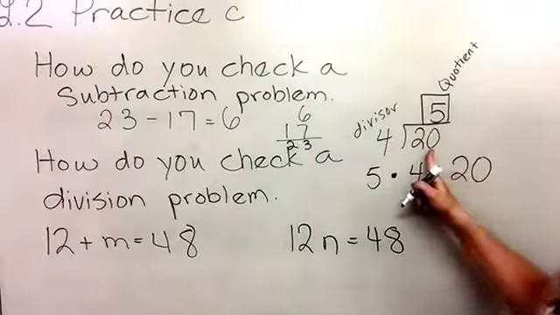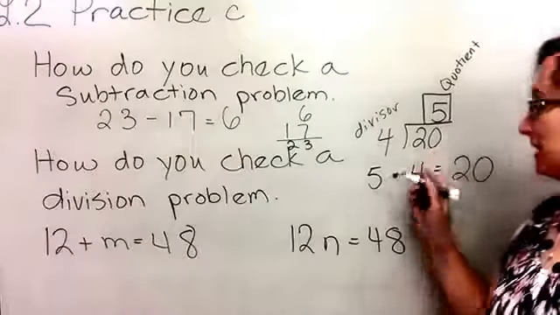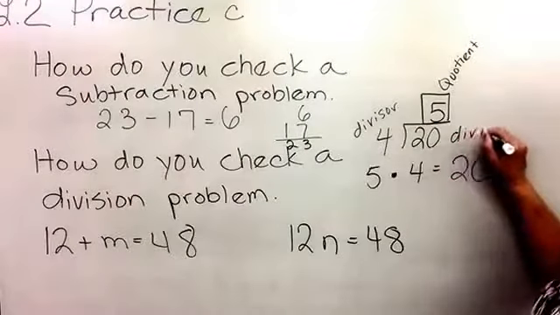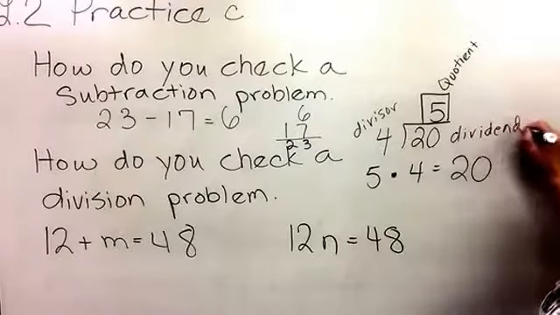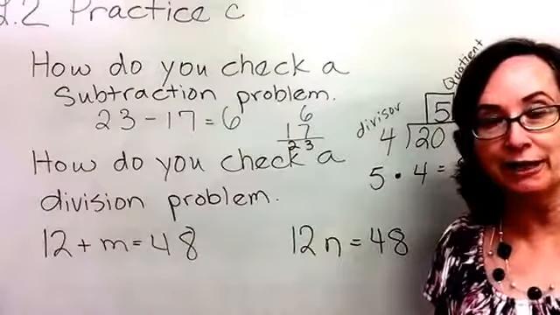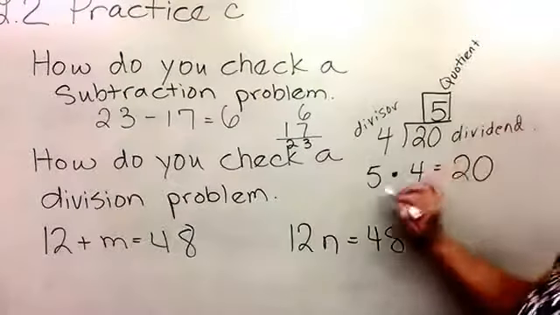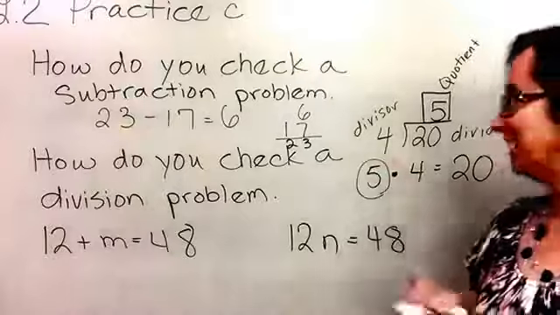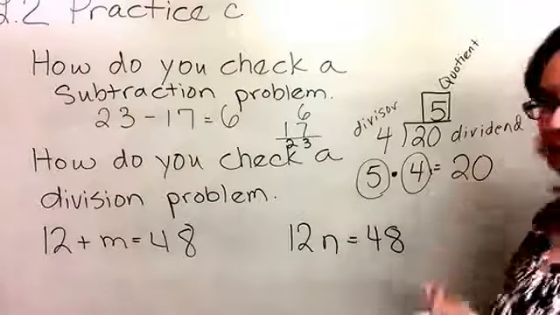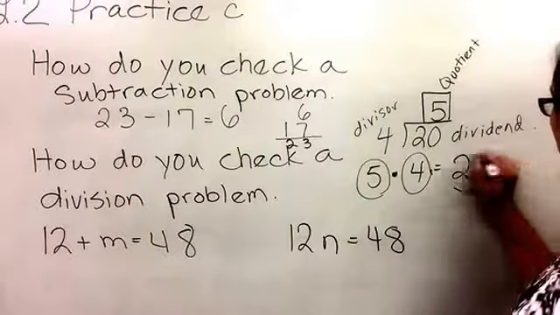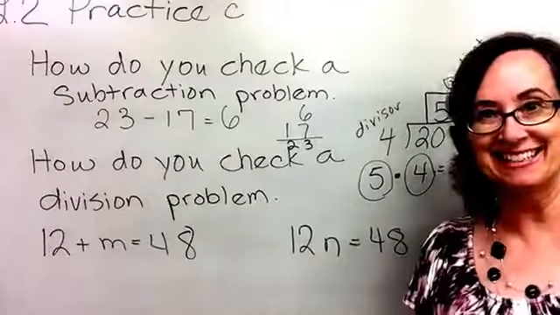And this one right here is the dividend. So if we were going to use our cool words on how to check a division problem, we would say that we multiply the quotient by the divisor to get the dividend.